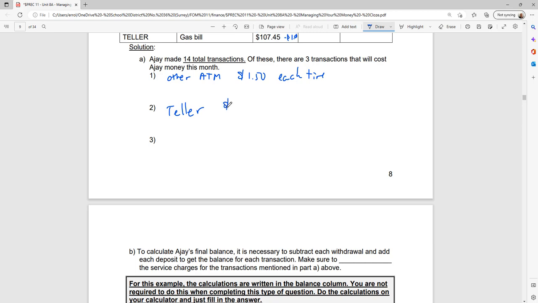So that's a $1 fee each time. And then anytime he does more than 10 transactions, it's 50 cents. So he loses 50 cents each time greater than 10 transactions.